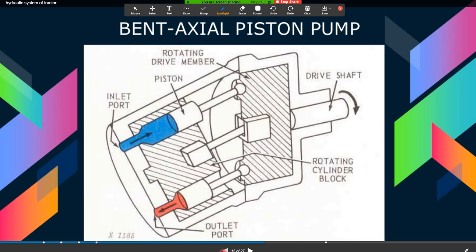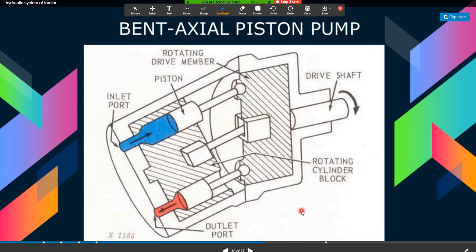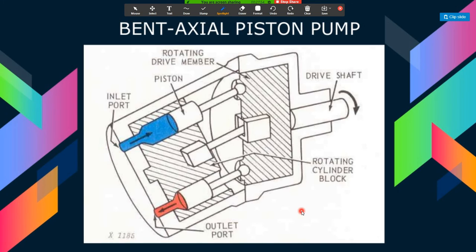The casting incorporates the oil galleries connecting the two valve chambers and houses the control valve at the rear. As each piston moves down the cylinder, it creates suction which lifts the inlet valve from its seat and draws in oil past the control valve, along the intake gallery and into the cylinder.